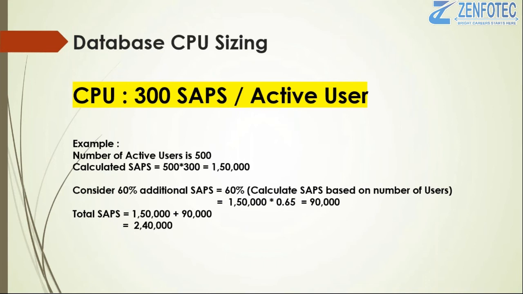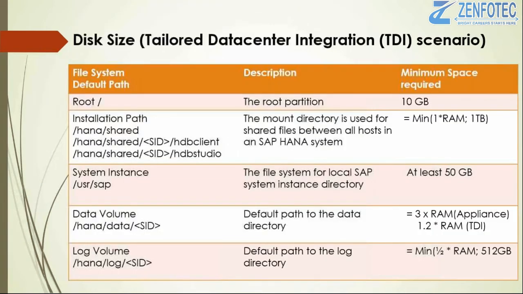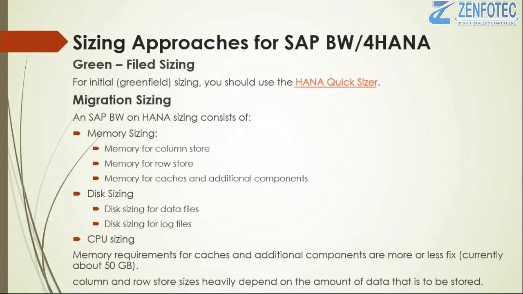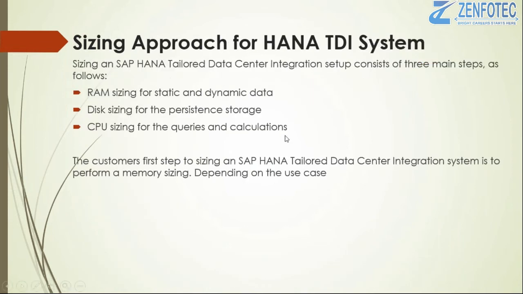Sizing for the CPU depends upon the active users. CPU sizing depends upon queries and calculations, for the users who perform the queries and calculations. So basically it is for active users.